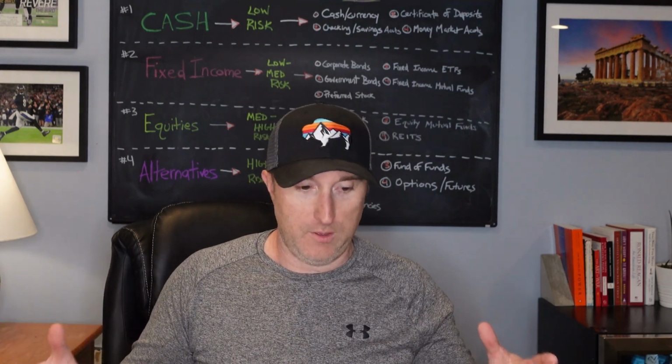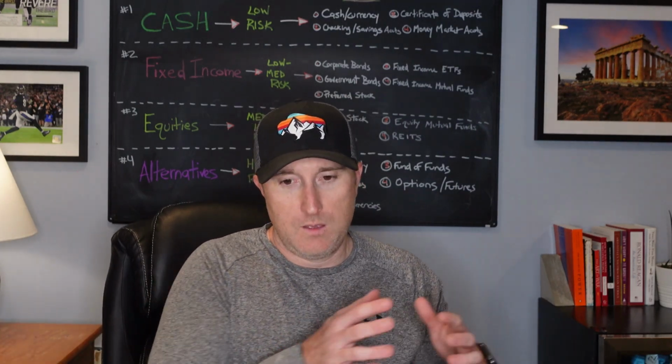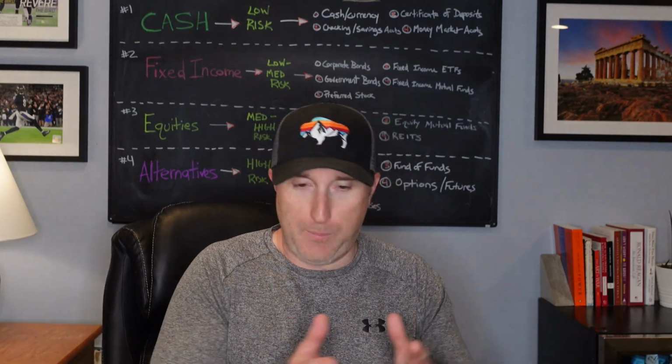So you can look at your portfolio and say, okay, if I'm young, I don't want to have a ton of cash, probably minimal fixed income, heavy in equities, and then maybe a little bit in alternatives. If I'm 40, I probably want to be well diversified in all 4 categories. When you get older, you want to shift it all the way to the fixed income and cash territory. Now, I'm not saying don't have any equities or alternatives.